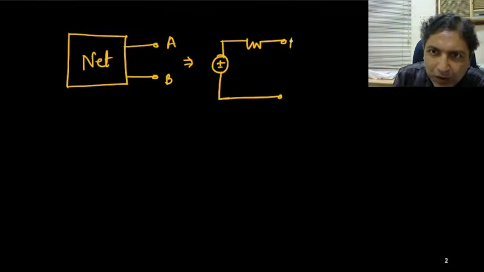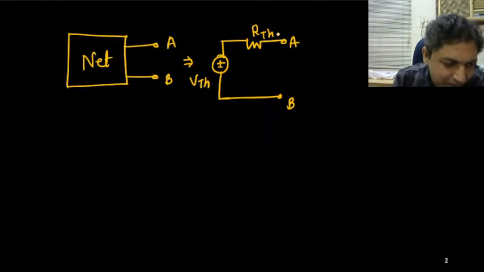So the total network could be replaced by one voltage and one resistance, and this voltage is called Thevenin voltage and this resistance is called Thevenin resistance. Okay, and how to find the VTH and RTH?